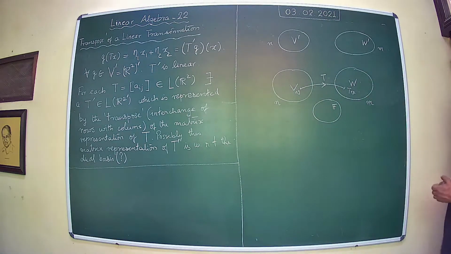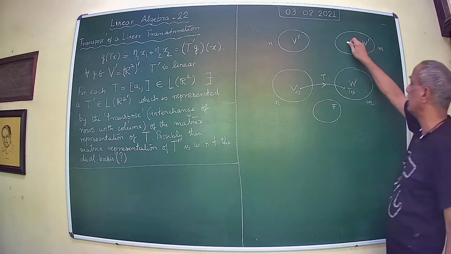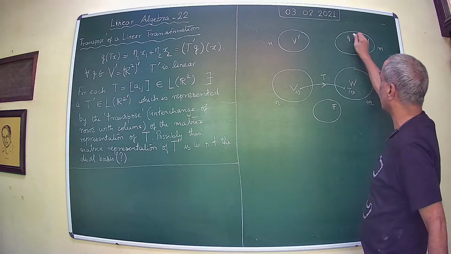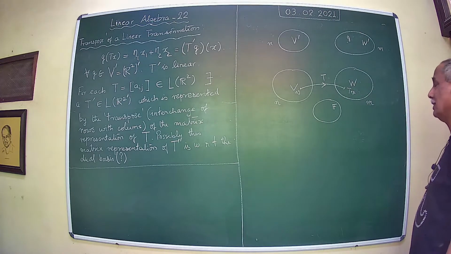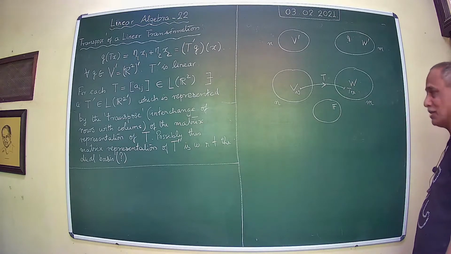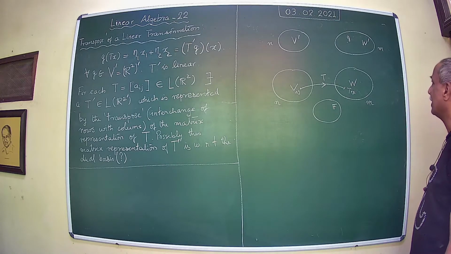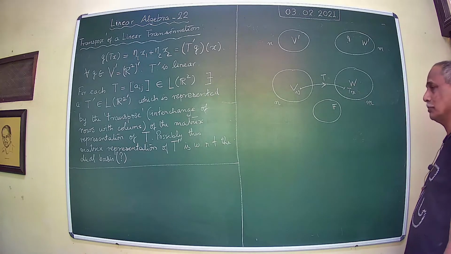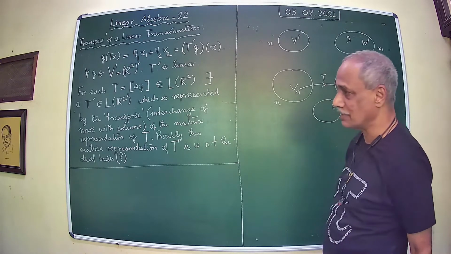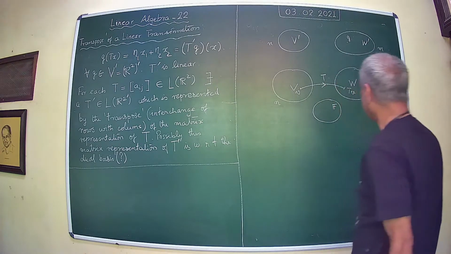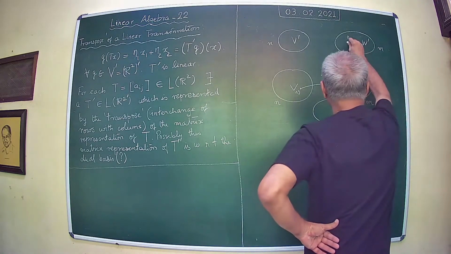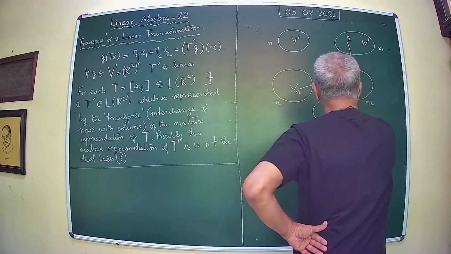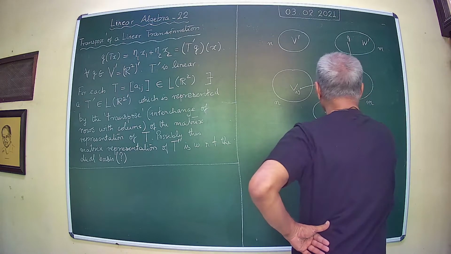Let's see it. Now what I do is I take a g belonging to W prime. In the example, they were all V prime, so both the domain and range of the linear transformation was considered V, so there is nothing to consider here. Therefore, what you have is this. Now, g maps Tv to a scalar.